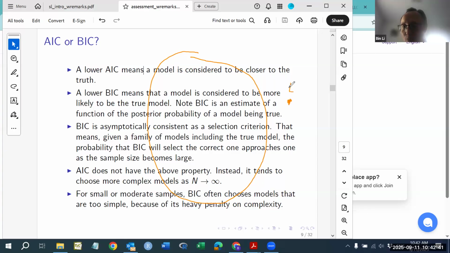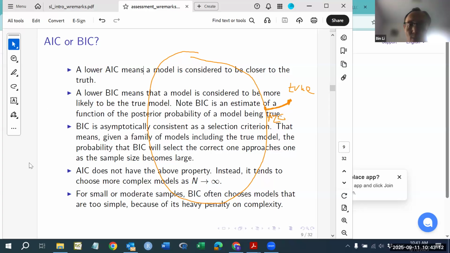Let's say this is the truth. So what does AIC tell you? Technically, if you have a large enough sample size, we can prove that the AIC will give you the model which is closest, like this one. That will be the AIC selected model, because this is closest to the true model.